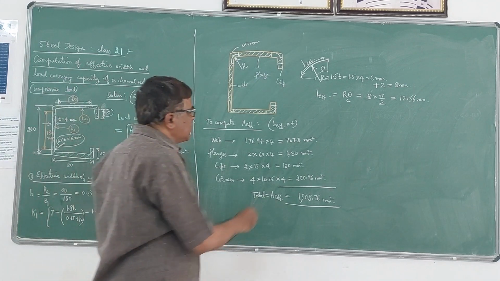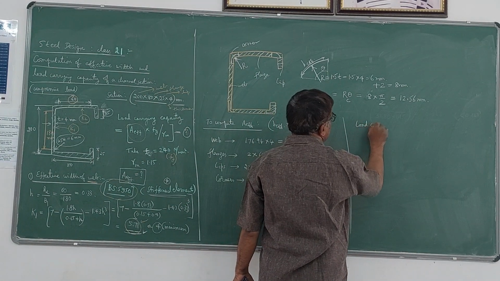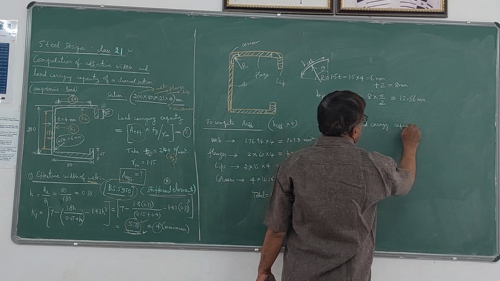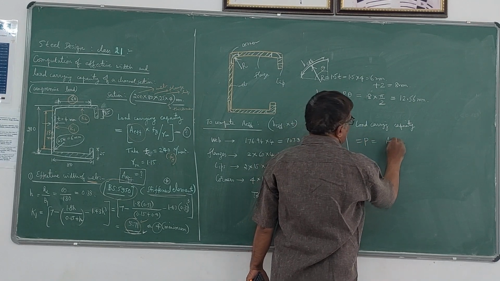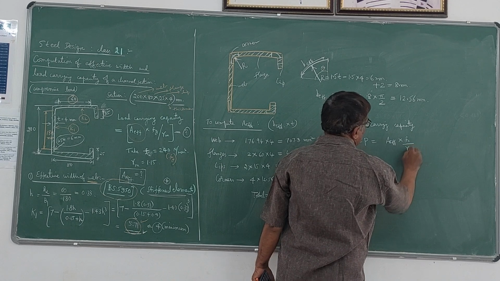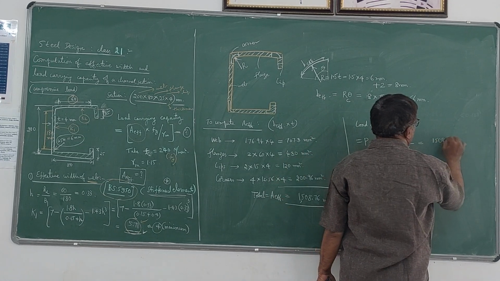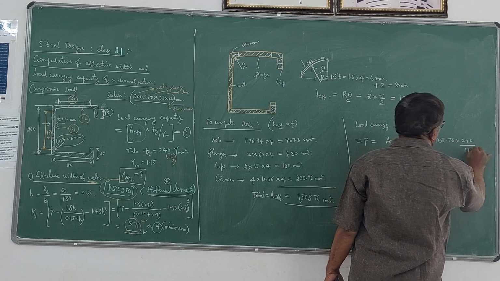Now if you want to calculate the load carrying capacity, of course the compressive load, P is given by A effective into Fy or Fc divided by gamma. So it is 1508.76 into 240 divided by 1.15.